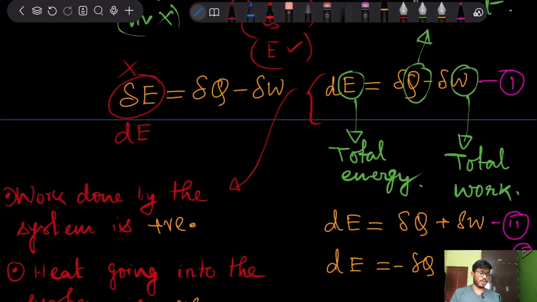If I follow this sign convention, then only my equation 1 is correct and 2 and 3 are not correct.